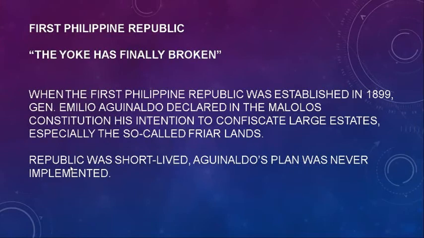We know that during the Spanish colonial period, partly or generally the friars were also governing the Philippines in some ways. Large estates were also owned by Spanish priests during that time. But the Republic was short-lived. Aguinaldo's plan was never implemented.